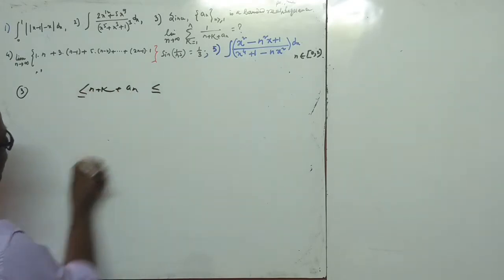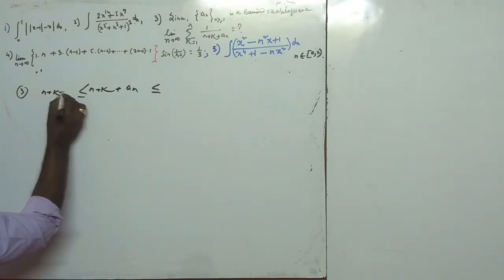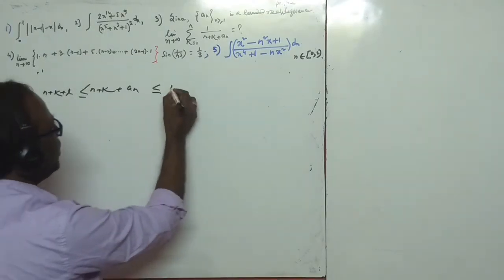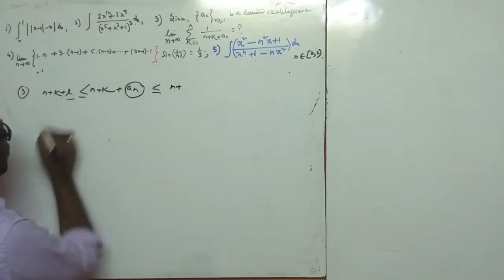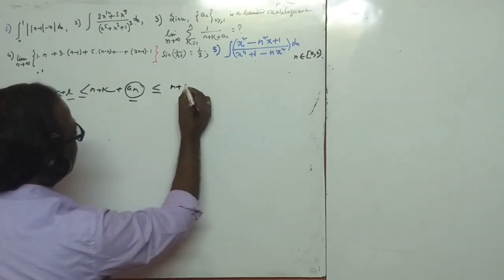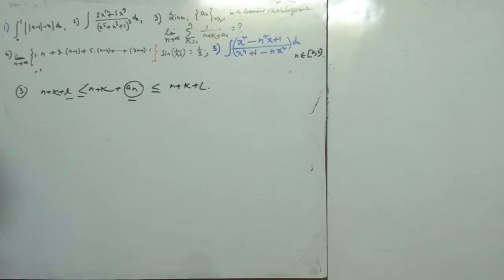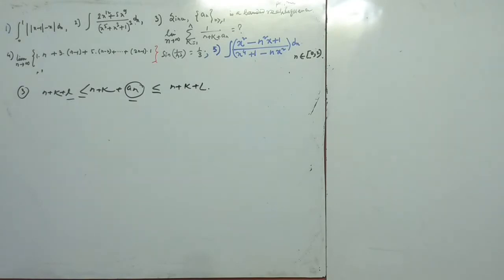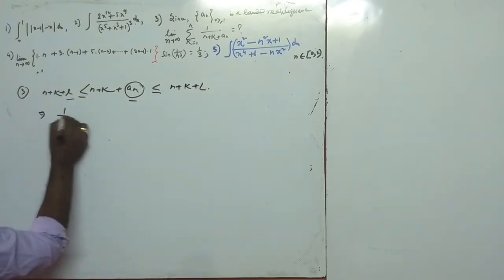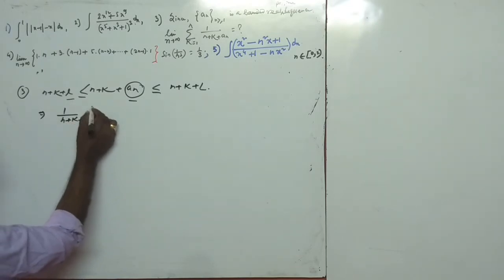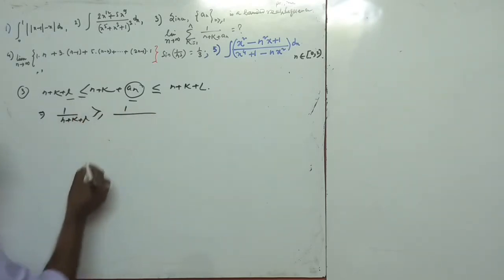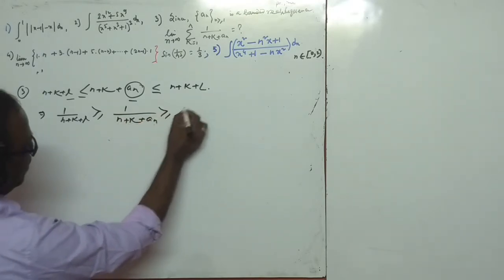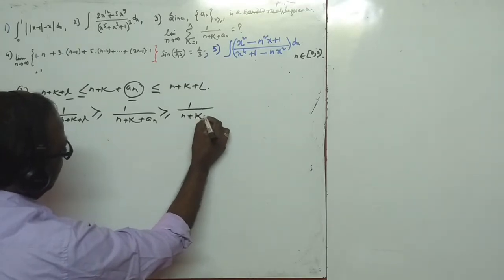From this sequence you can write n + k + l, where l is the lower bound, and the upper bound is n + k + L. As it is a reciprocal pattern, it is transferred to the reciprocal: 1/(n + k + L) is less than or equal to 1/(n + k + aₙ), which is less than or equal to 1/(n + k + l).